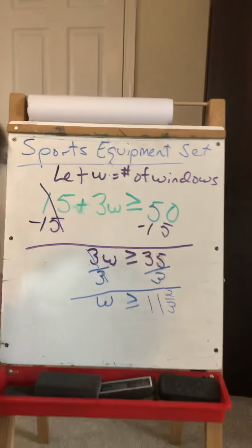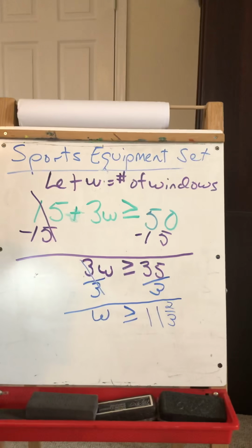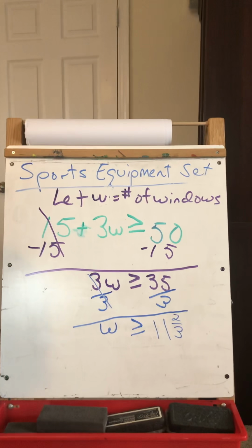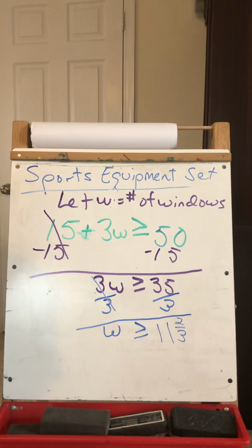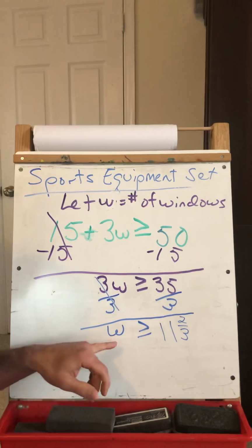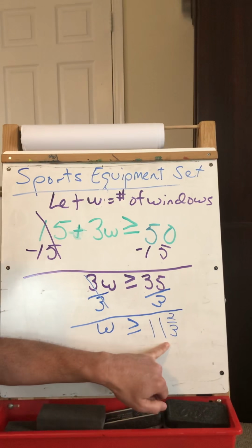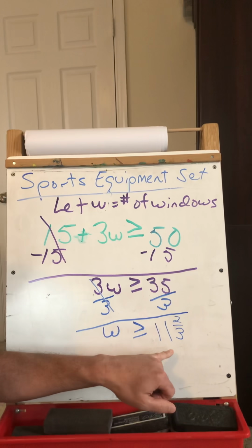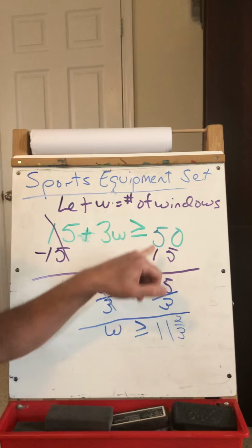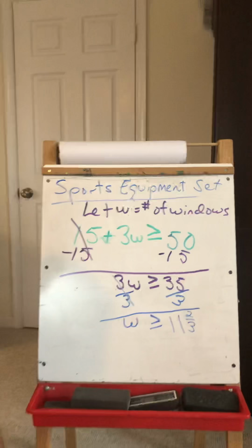Okay, now we've got an answer, and now we need to think about this answer. What does this really mean? The question says, what is a realistic number of windows that he can wash? Well, this answer, the number of windows must be greater than or equal to 11 2/3. So if he washes 11 2/3 windows, he will have enough money.